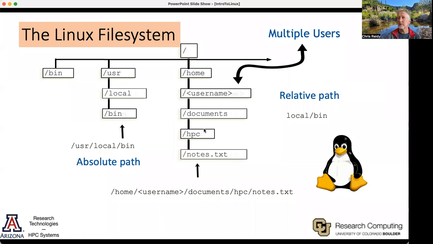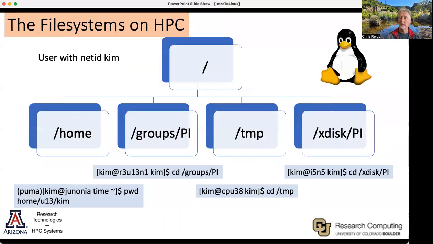Then there's another example here of a file: home, the username, documents, HPC notes.txt. On our actual HPC, this is what it looks like as far as you can tell. So home is where you will log into by default, and this is where you tend to put your files.